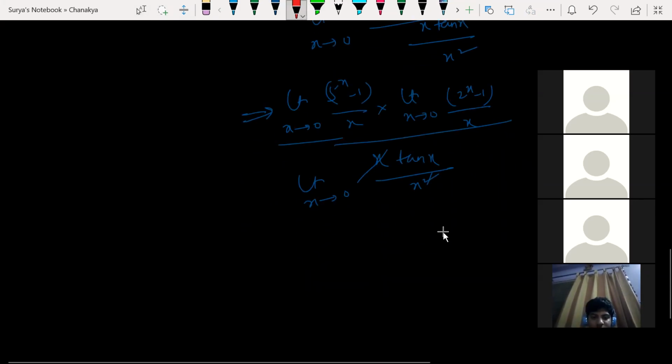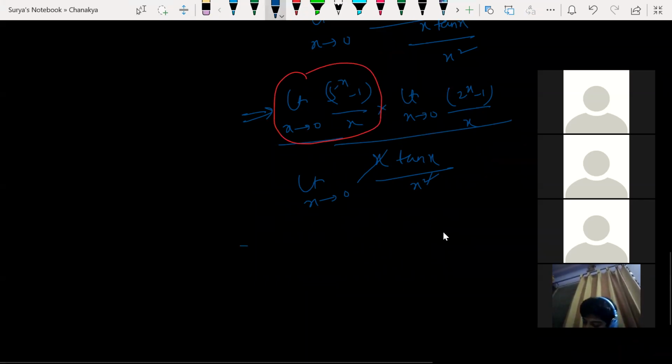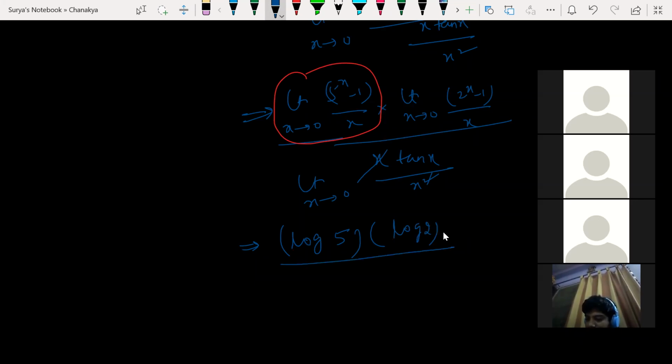So now this part can be written as what? Log A. A is what here? 5 into log 2, whole divided by here limit x tends to 0, tan x by x is what? 1. Is it clear? Yes or no?